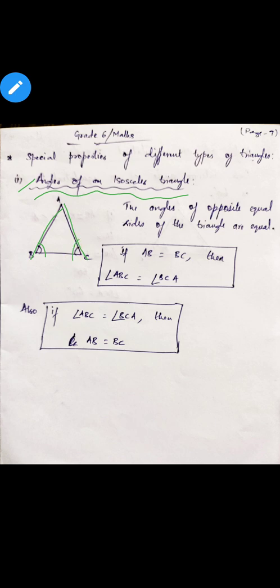So the special properties are also very simple. If the two sides are equal, then these two angles are also equal. This is the first special property. And the next one is also very simple. It's just that angles of an equilateral triangle are all equal to 60 degree.